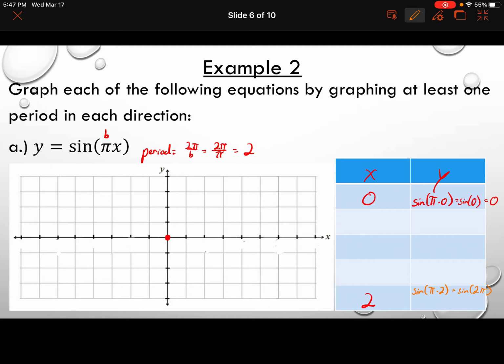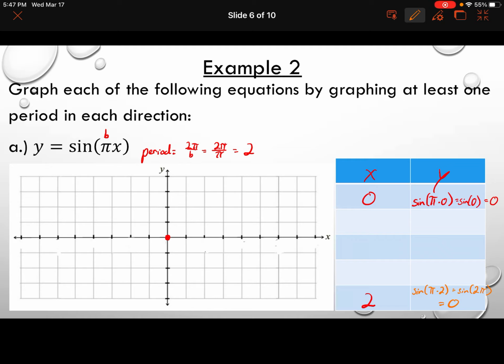Time to look up 2 pi on the unit circle. 2 pi just ends up being the exact same place as 0 because it's one full circle. So 2 pi has the same y value as the first point, which is 0. So we have our second point at 2, 0.